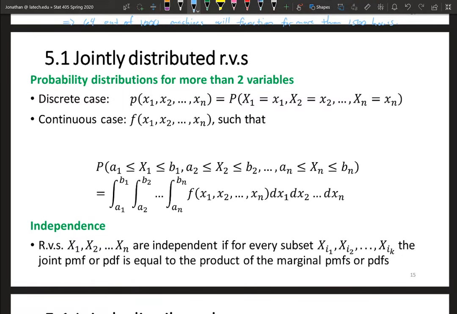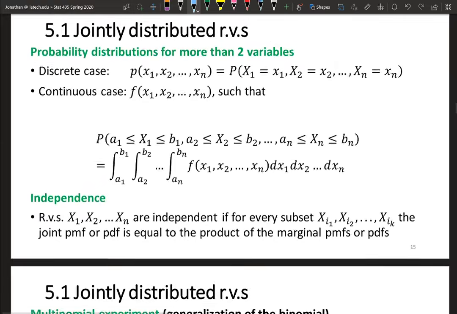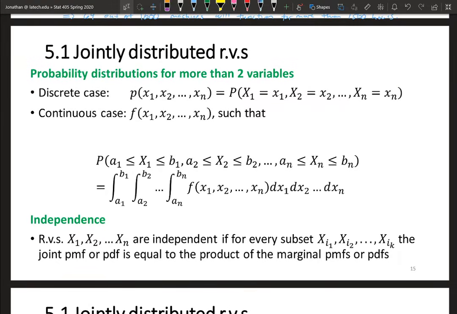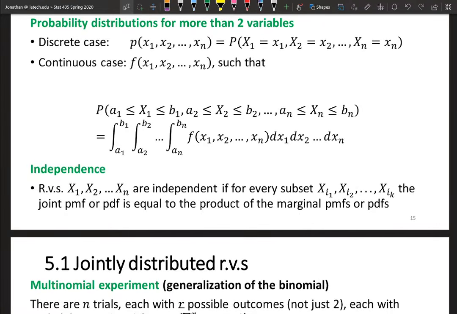Yeah, we're not going to worry about this, to be honest. It's independent if the PDF is really just the product of the n marginal PDFs. But don't worry about this too much. It is possible to do all this stuff for 3 variables, 4 variables, 5 variables, whatever. The integrals are much harder to do, especially on a computer, the higher dimensional you get.